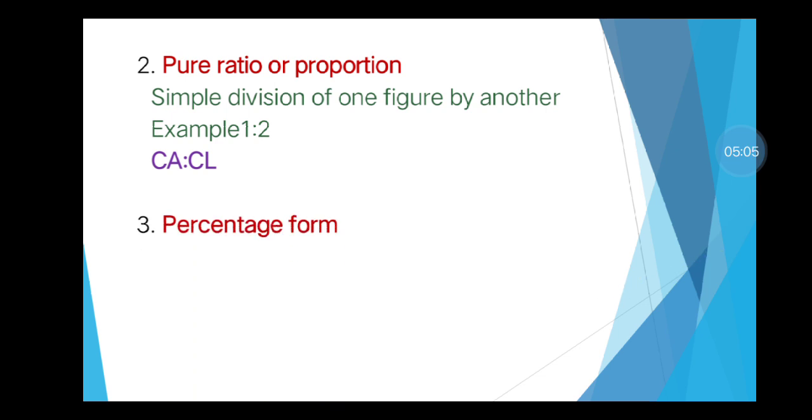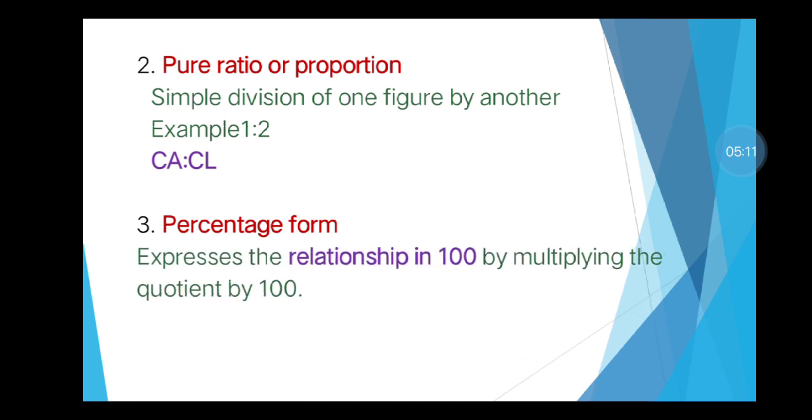The third form is percentage form that we all are familiar with. Here, the ratio is expressed as a percentage, means it expresses the relationship in 100 by multiplying the quotient by 100.